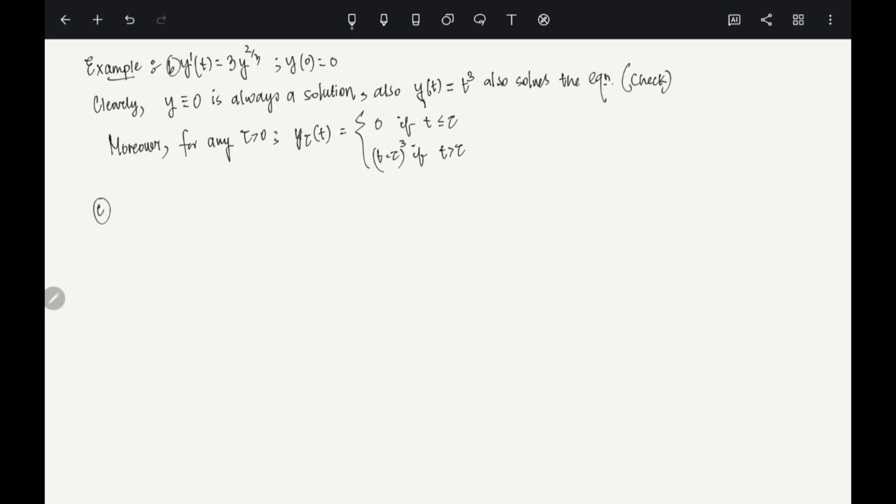Now see another example. Let's consider this problem: y prime equals 1 if t is negative, and minus 1 if t is greater than or equal to 0. That's the equation. You guys have to do it yourself.